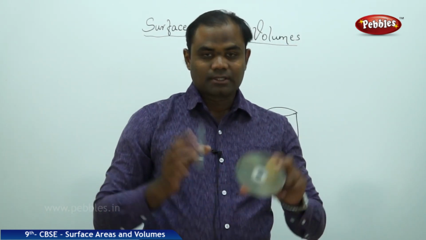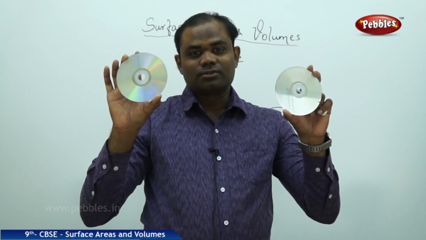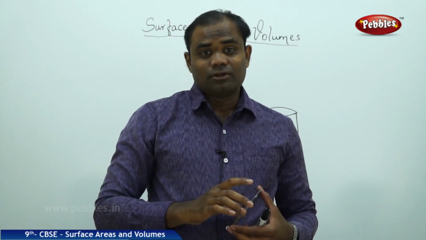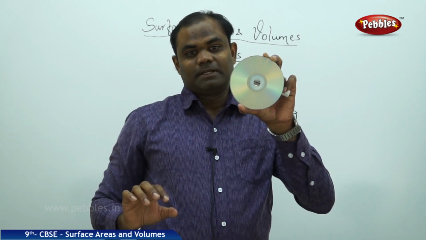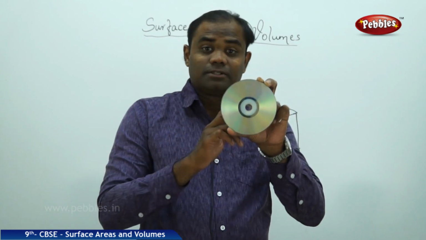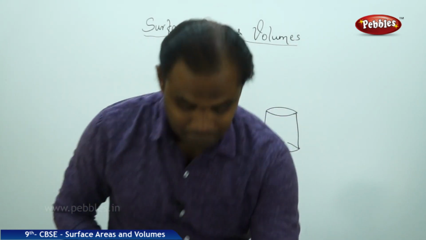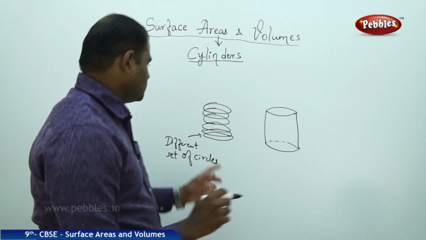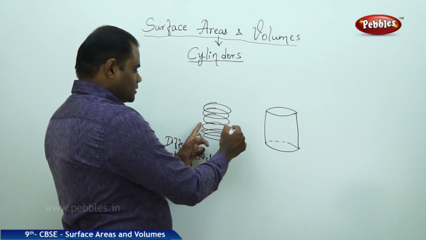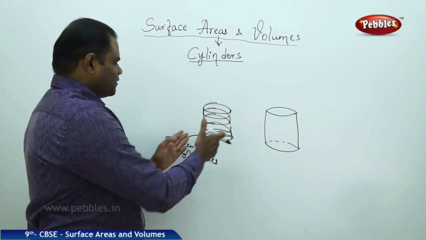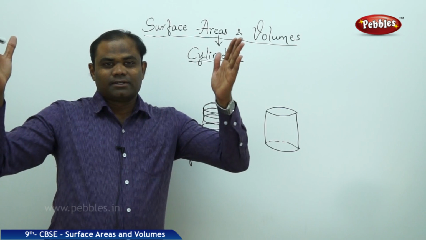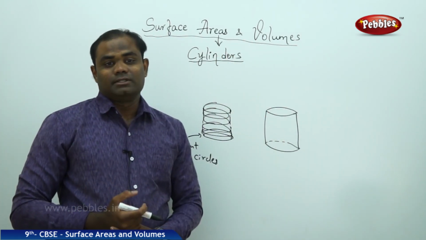The two circles are assumed to be of the same size. The rule for constructing a perfect cylinder is that all the infinite circles must have the same size. This is how we understand the important means of constructing a cylinder. All the circles which form the cylinder have the same size, and therefore it constructs a straight figure which is called a cylinder.